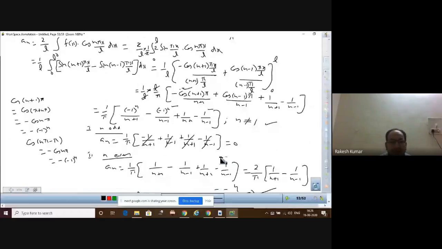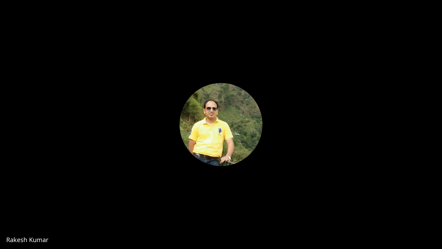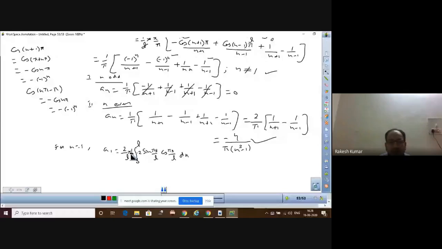So you need to use n is equal to 1. It will become sine pi x over L cos pi x over L dx, equal to 1 over L. The formula is 2 sine cos t, that is sine 2t.